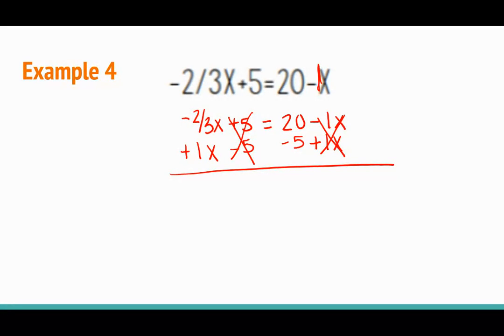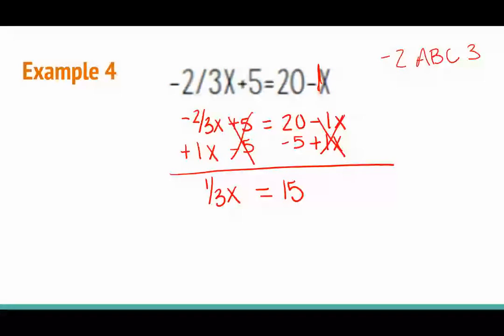Last step, negative 2/3 plus 1, so we're going to use our ABC button. Remember, to put negative 2/3 in, you would put negative 2 ABC 3. So negative 2 ABC 3 plus positive 1 is 1/3 x. So 1/3 x equals 20 minus 5 is 15.